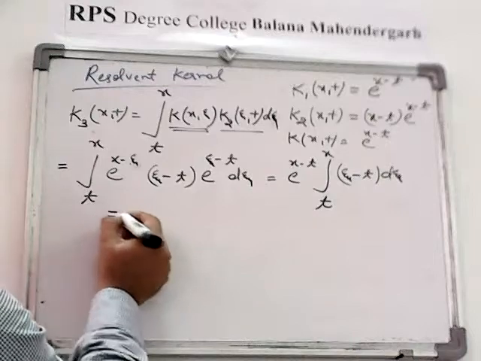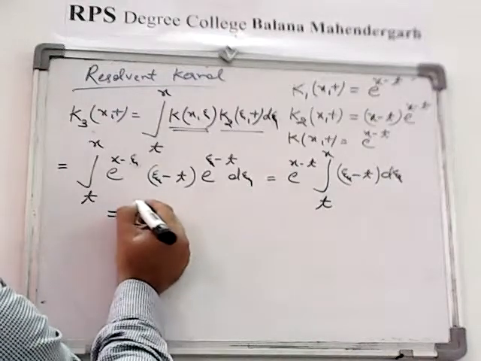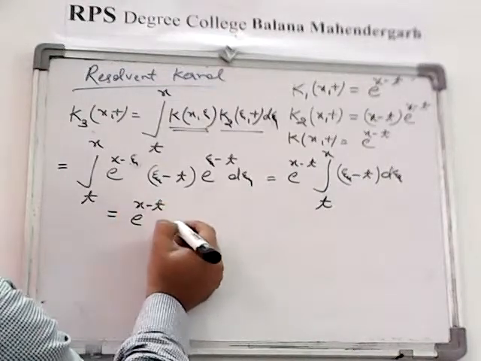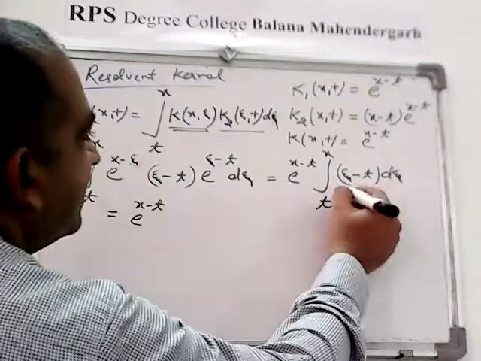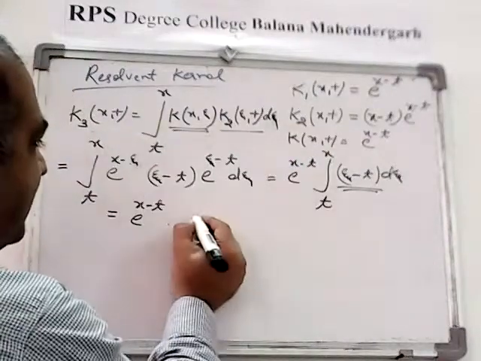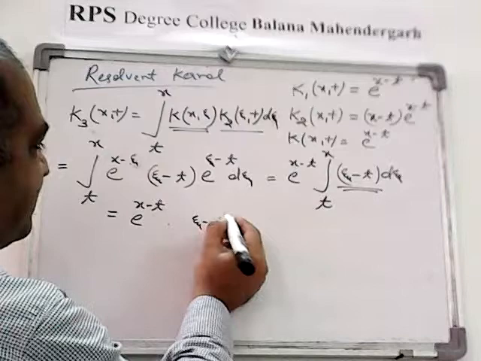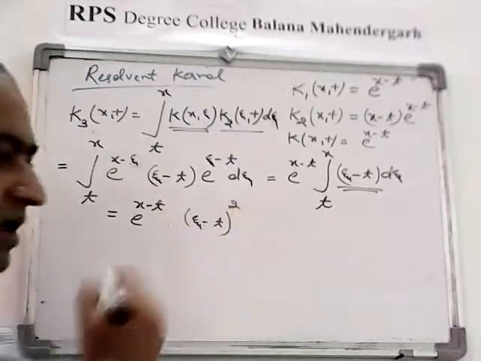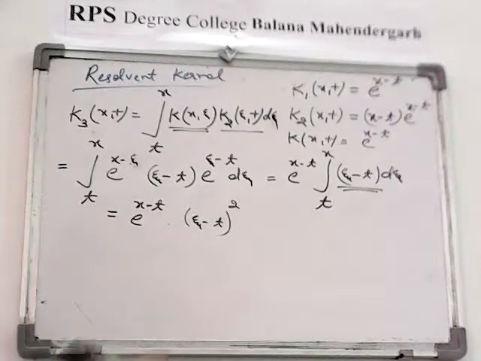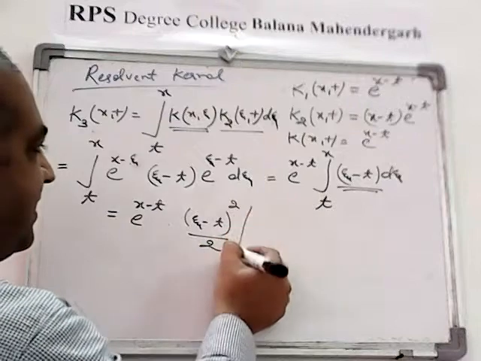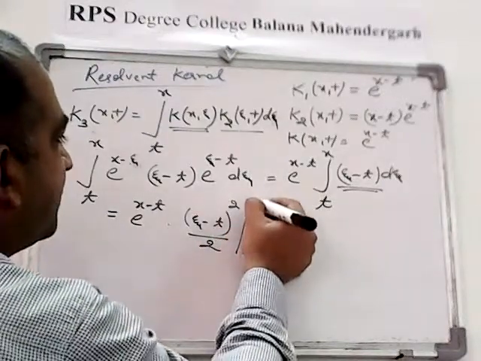So the answer will be e raised to power x minus t, then the integration of this with respect to xi will be xi minus t whole square divided by 2, and the integration limit is from t to x.